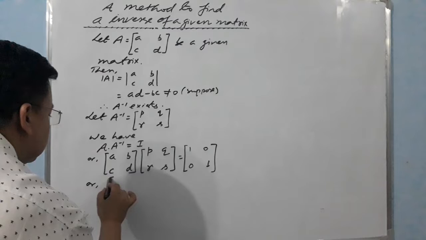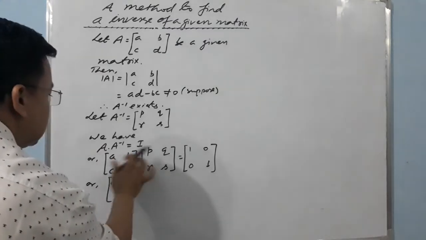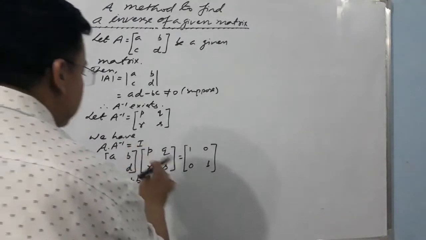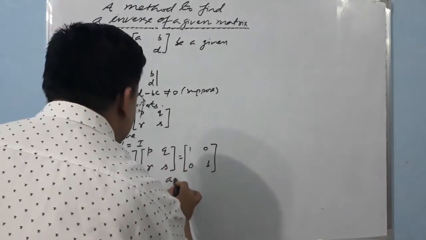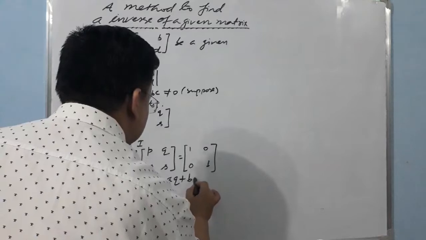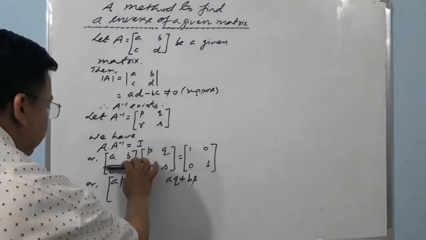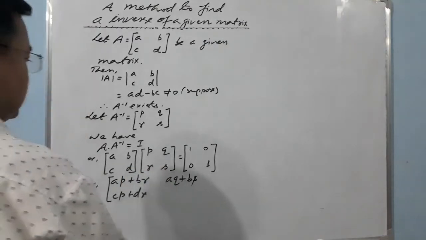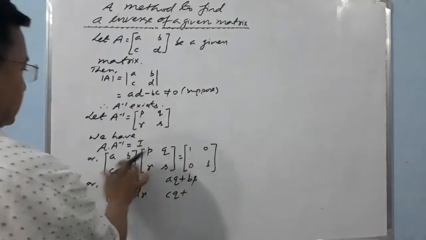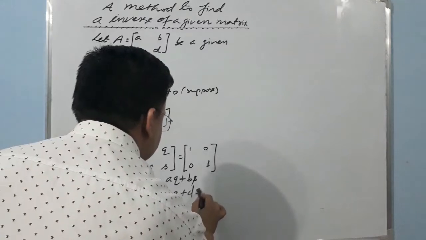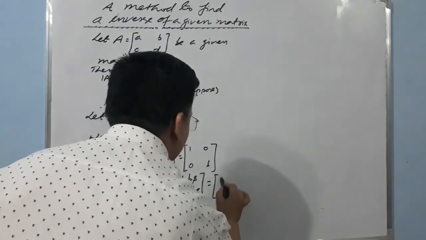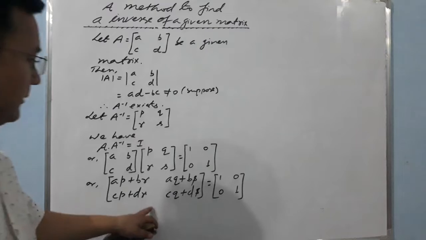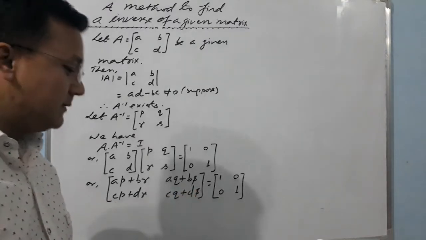You just multiply: AP plus BR, then AQ plus BS. Then this row into this column, CP plus DR, and here CQ plus DS, is equal to [1, 0; 0, 1].